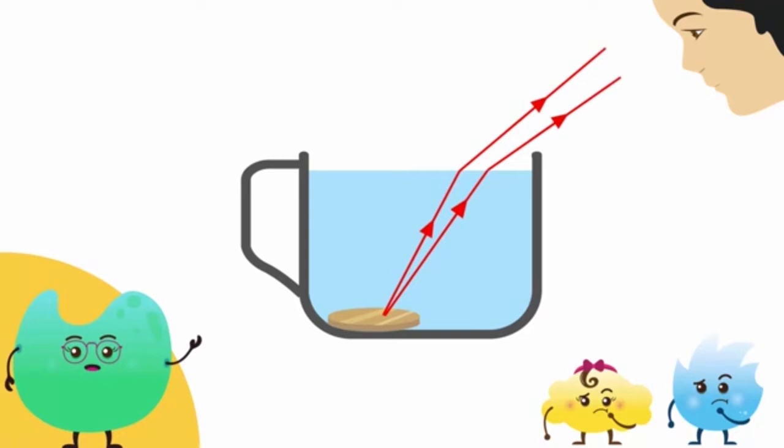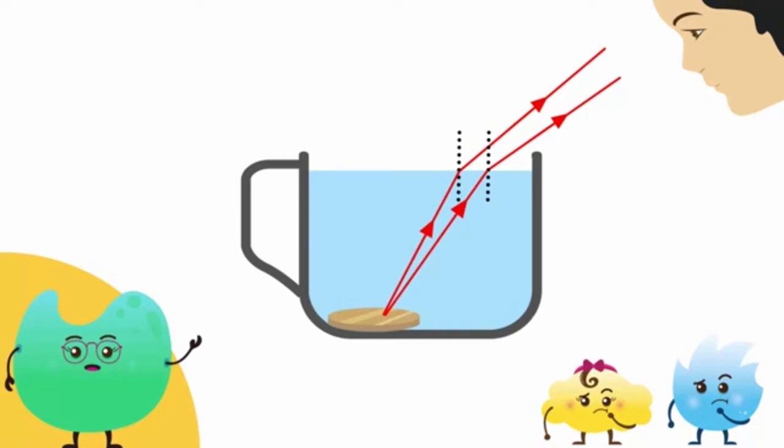When light rays travel from a dense medium to a rare medium, that is from water to air, they are refracted away from the normal at the surface of water. Then, when these refracted light rays enter our eyes, they create the illusion that the coin lying at the bottom of the cup is closer to us than it really is.